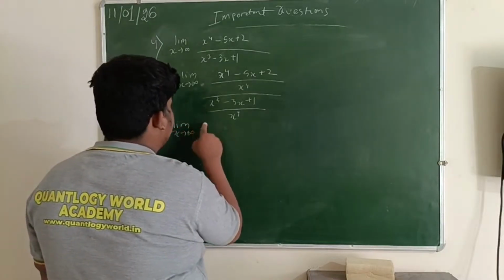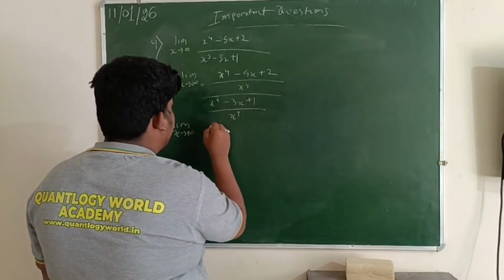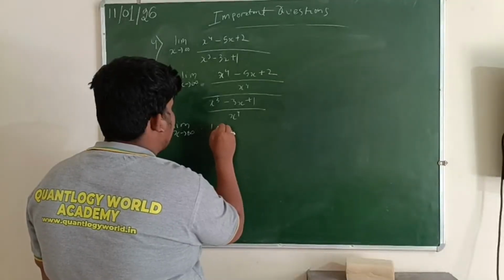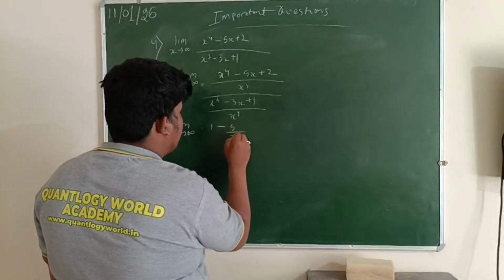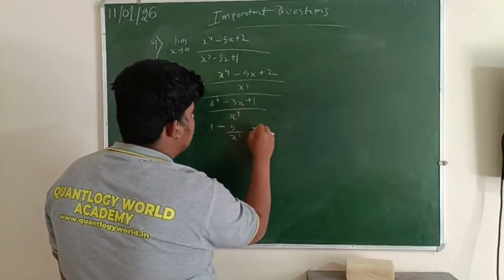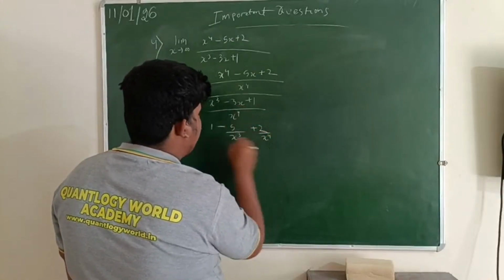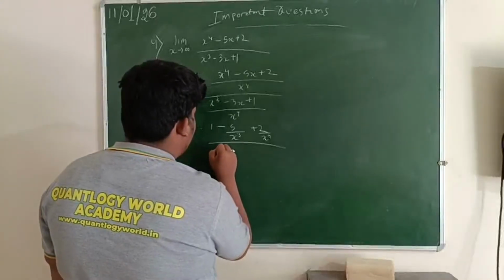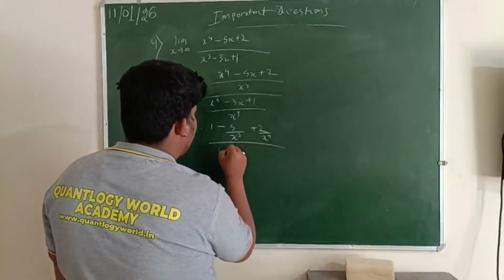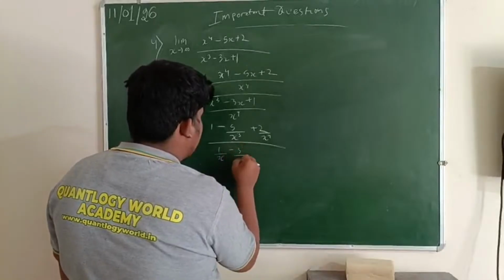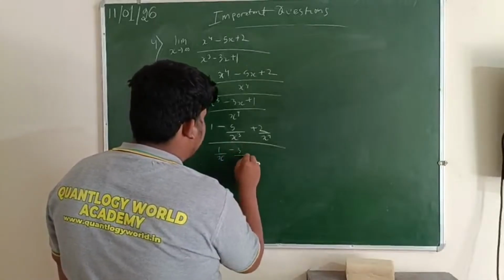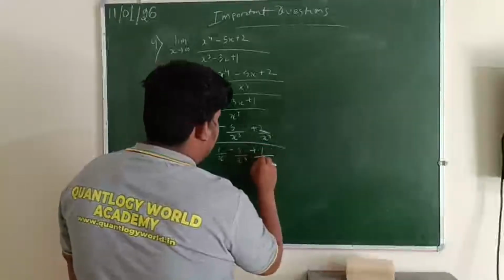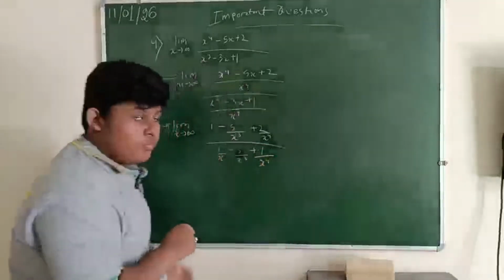Limit x tends to infinite. x to the power 4 by x to the power 4 is 1, minus 5 by x cube, plus 2 by x to the power 4, whole divided by x cube by x to the power 4 is 1 by x, minus 3 by x cube, plus 1 by x to the power 4.